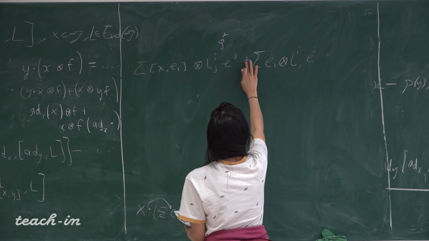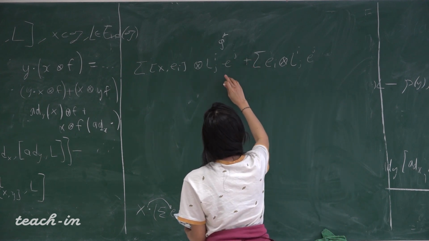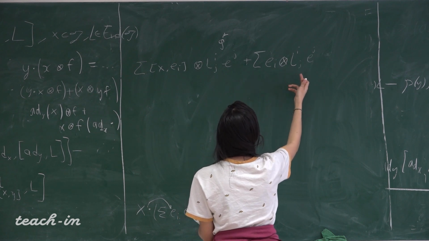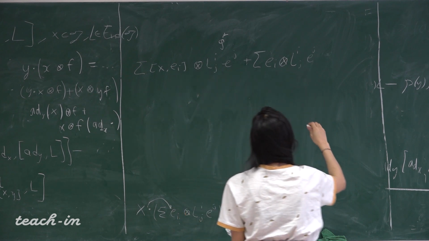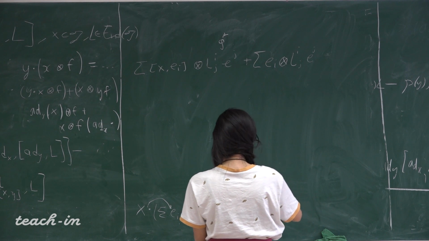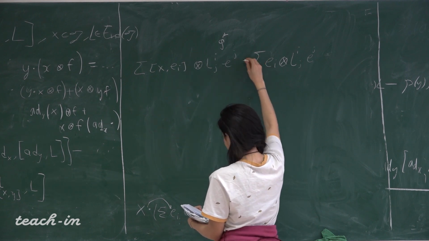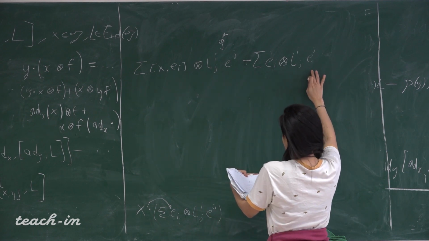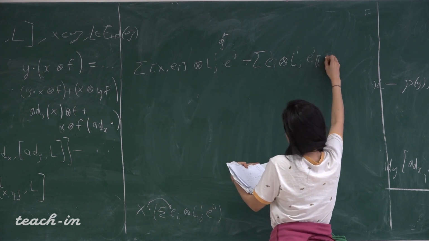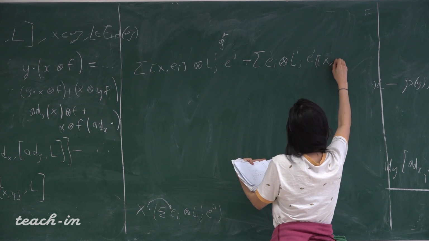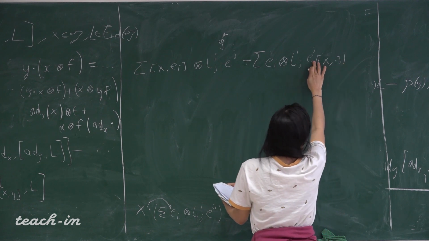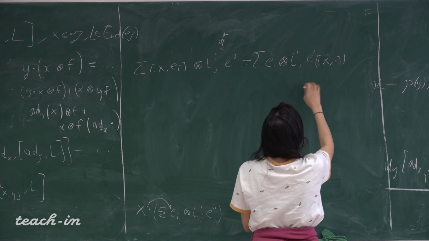I should have minus, because it's minus x, bracket with this. So I wrote minus, and then x with EJ. And so we have in this part something like this, evaluated here.